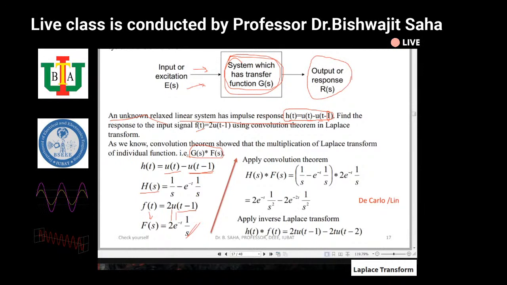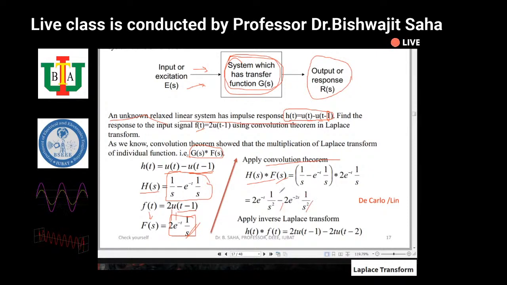Then we apply the convolution theorem, the multiplication of H of s and F of s. These two Laplace transforms will be multiplied. After multiplication, we get 2 e to the power minus s times 1 over s squared minus 2 e to the power minus 2s times 1 over s squared.